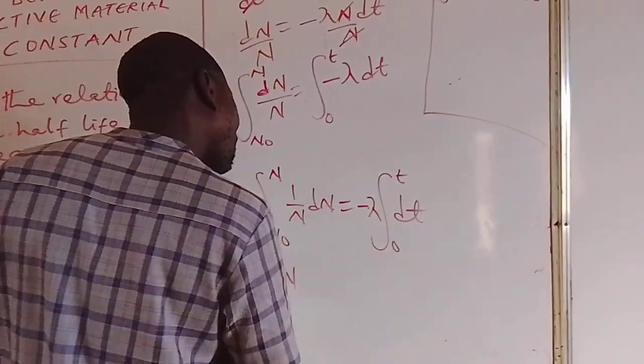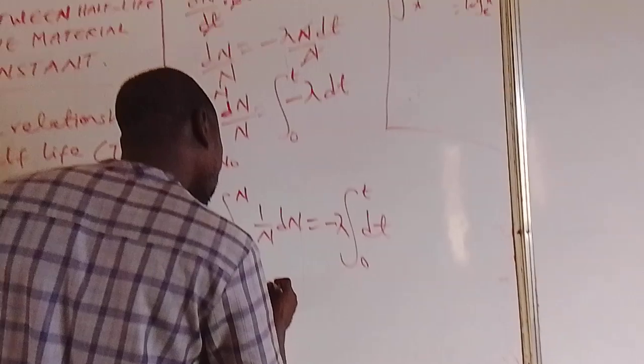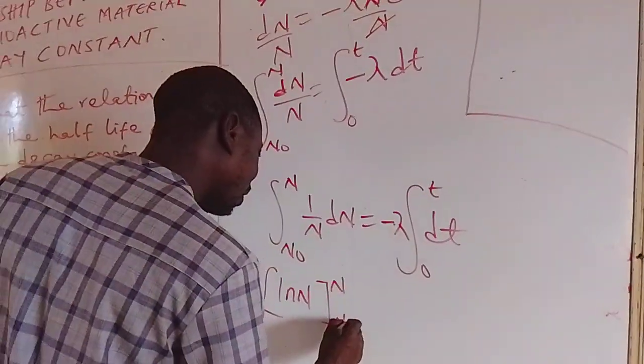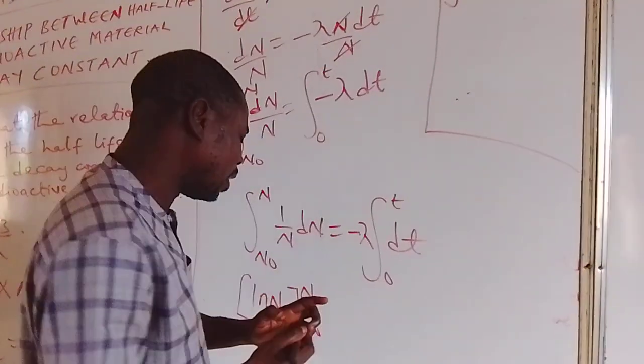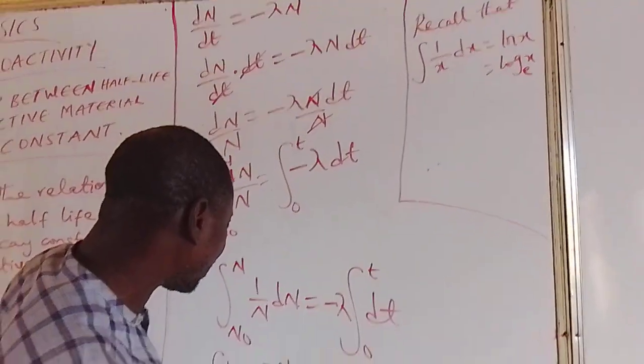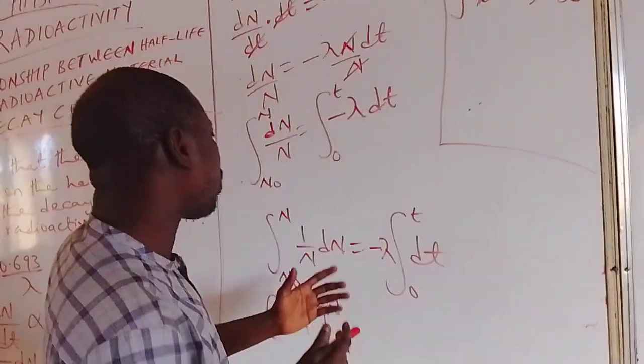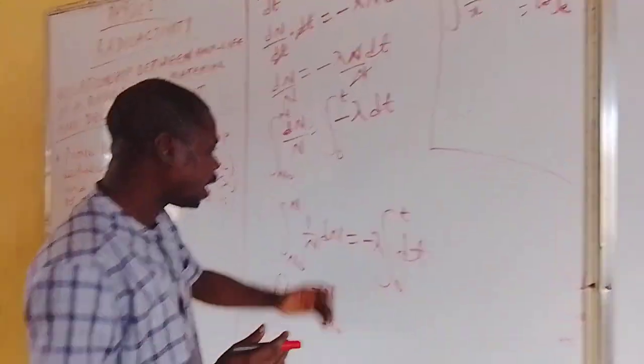So now I have upper limit n, lower limit n naught. I will enclose this, then upper limit here, lower limit here. What we normally do with upper and lower limits is substitute the upper limit, substitute the lower limit, and subtract the results. So what I do to the left, I will also do to the right.